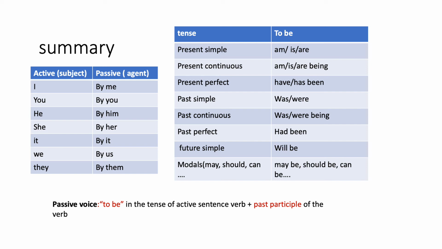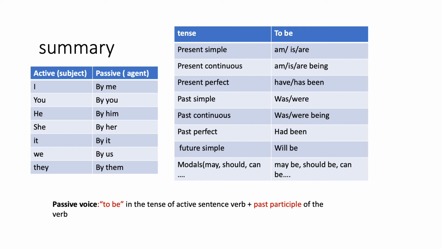Then we have "to be," which is conjugated in all the tenses. You have to know that if you know how to conjugate to be in all the tenses, the passive voice becomes much easier for you. So in the present simple we have is and are, and each one follows its personal pronoun: with I, am; he, she, it, is; and you, we, they, are.